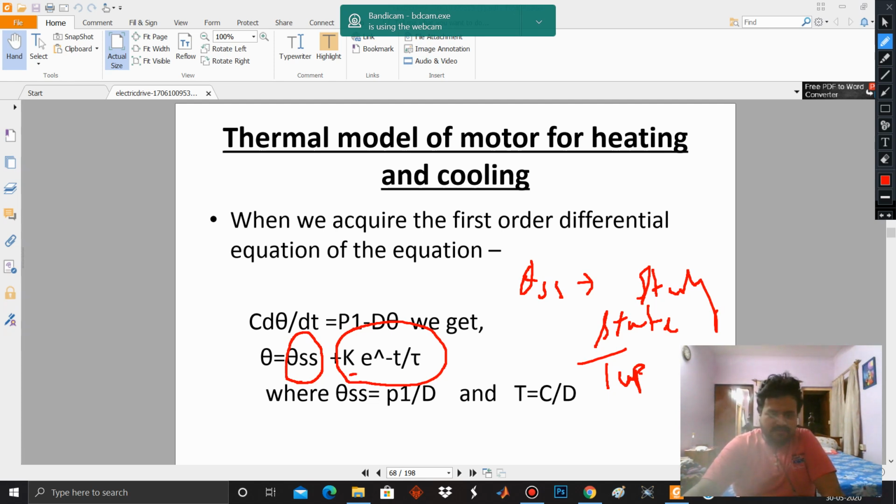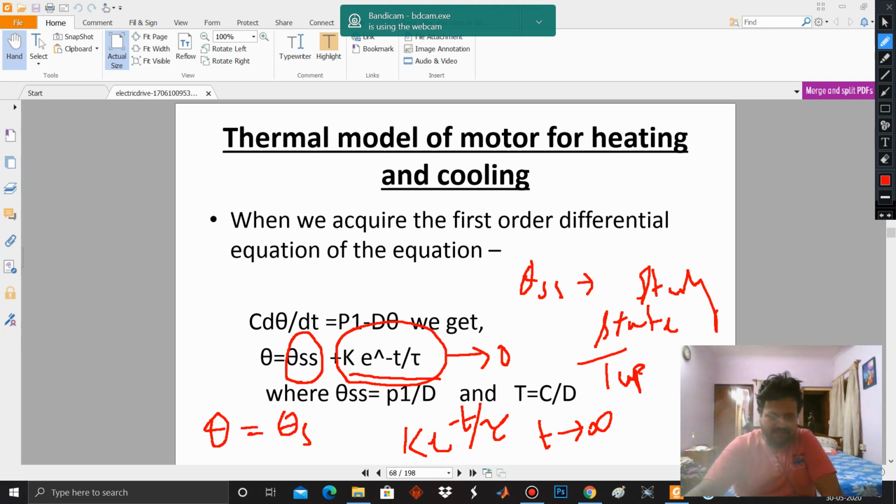And this is the transient rise in temperature, which is k e to the power minus t by tau. So what will happen as t tends to infinity, that means a sufficiently long time? This part will tend to 0. That means at one point of time you will get theta equal to theta ss when t tends to infinity.